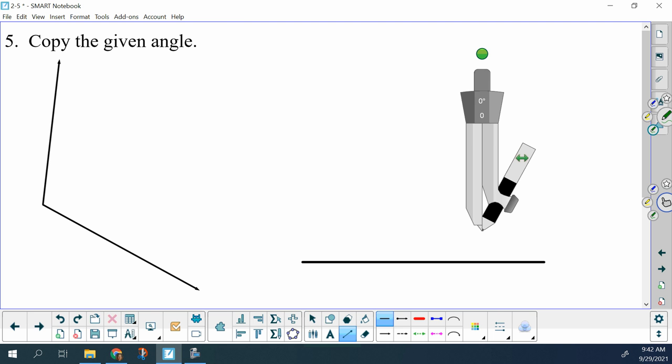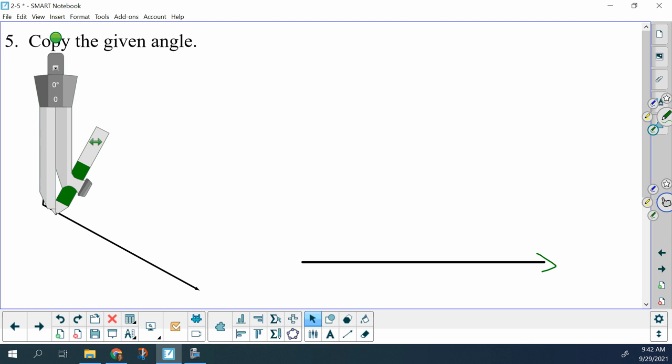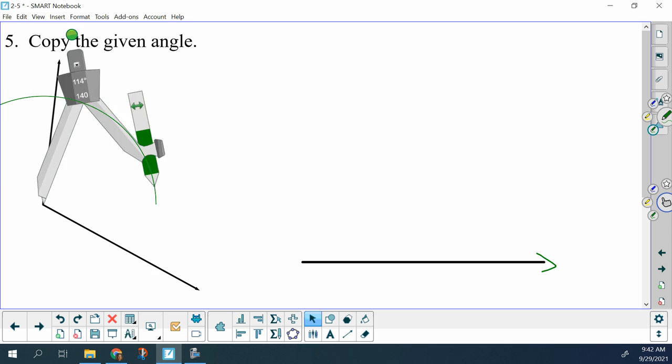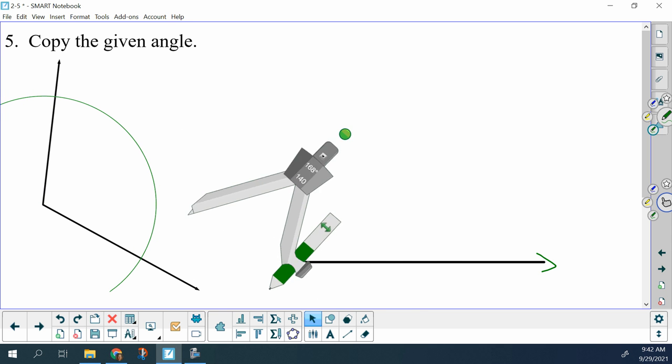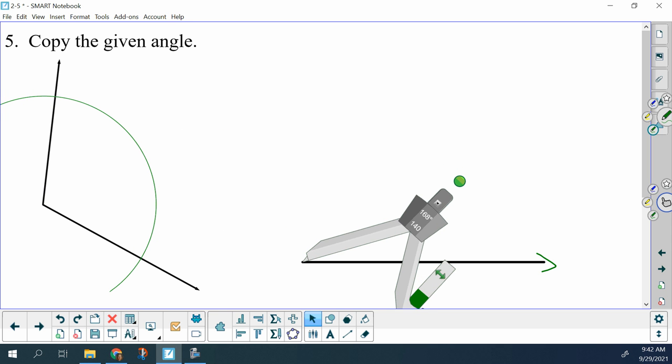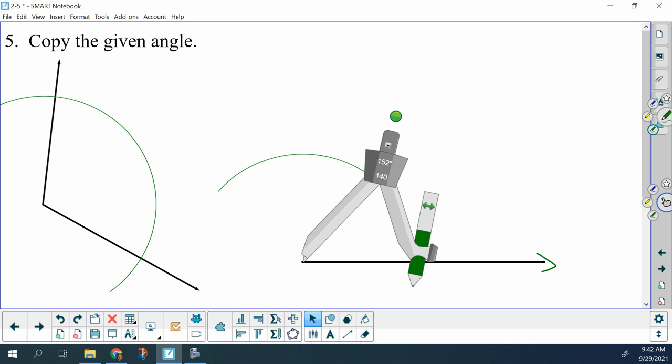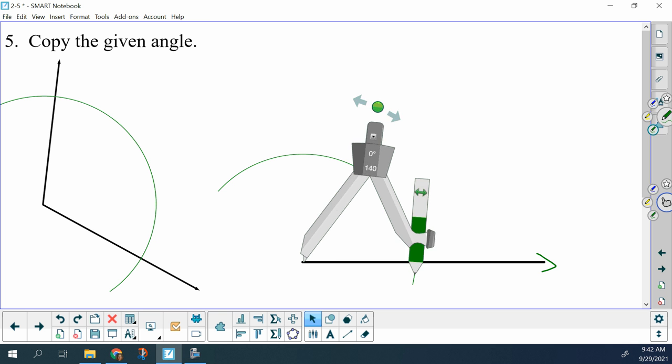Did anyone stop after making a red? So most of you have already swung your arc. If you're stuck, look up here and we'll do the next step.